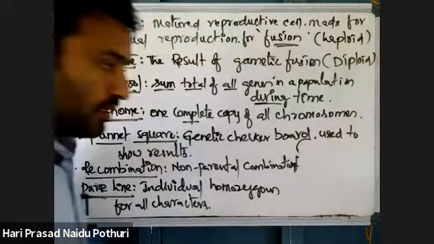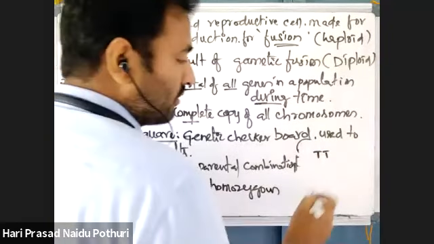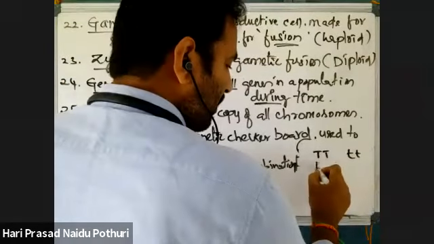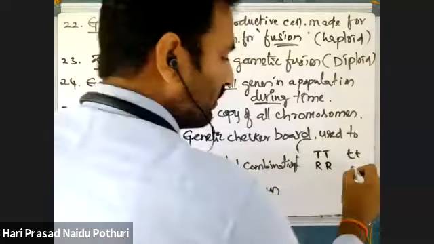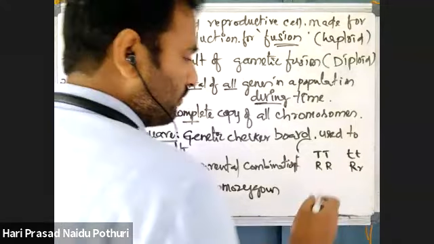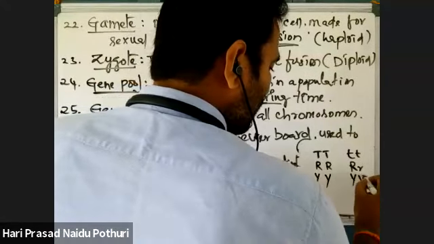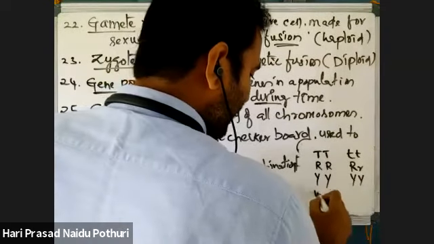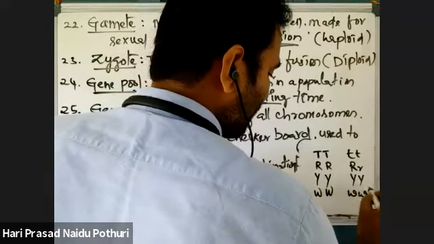Suppose a plant has tallness. Both are homozygous or both are heterozygous. Suppose round shape. Here it is also dominant round, but one gene is recessive. Yellow. Suppose white colored flower, capital W, small w.